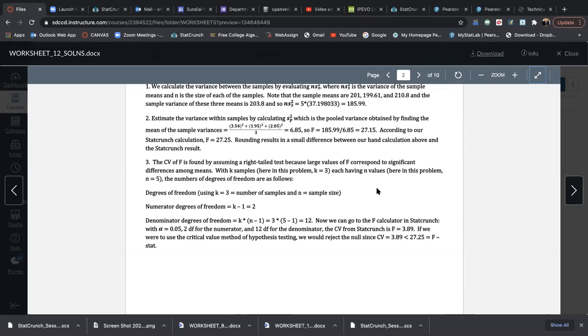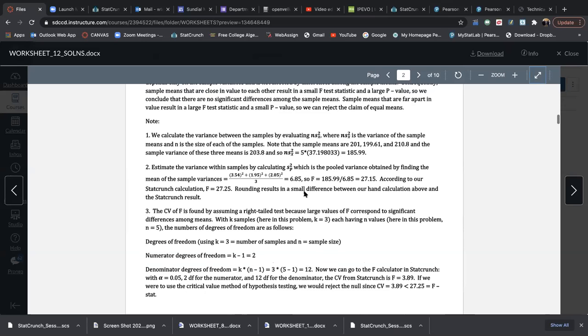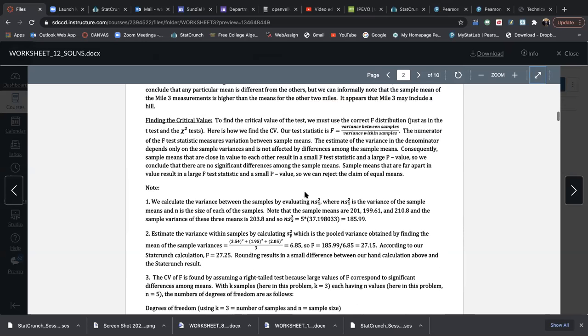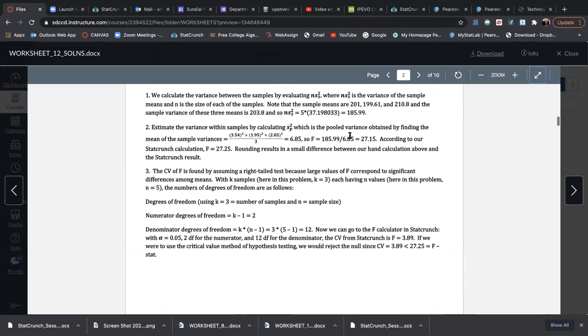It also depends on the p-value, but we're now focusing on the critical value, okay? So how are the degrees of freedom defined? We'll have a pair of degrees of freedom for this problem, and we'll call them the degrees of freedom of the numerator and the degrees of freedom of the denominator.